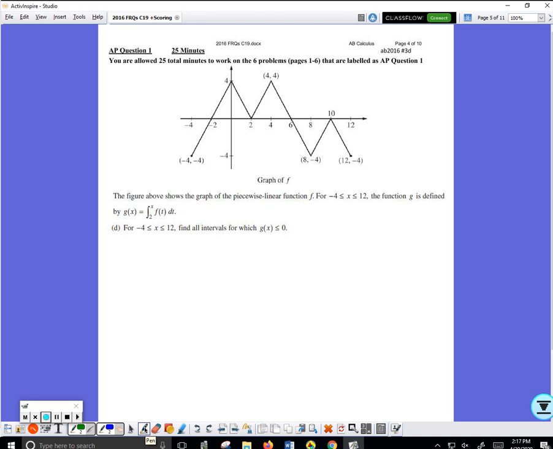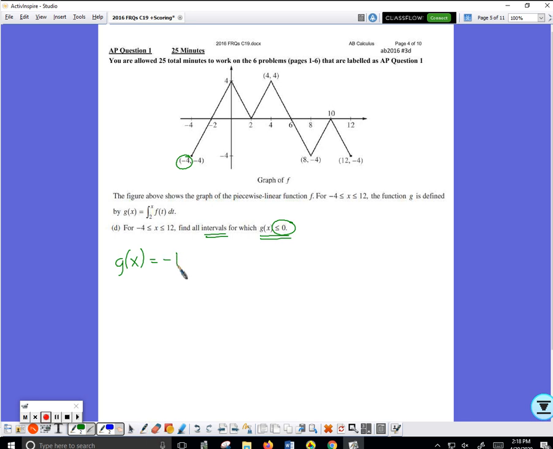So anyway, it says, find all intervals where g is negative, or less than or equal to 0. So I have this formula here. If I start at x equal -4, I'm going to want to switch this integral like I did previously.